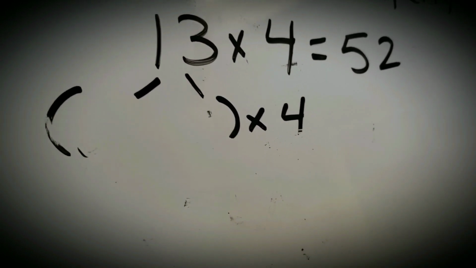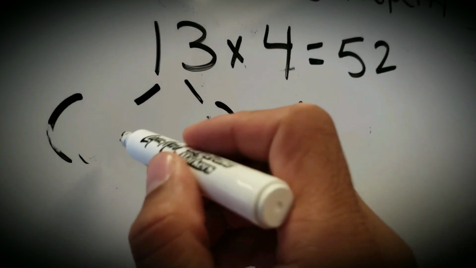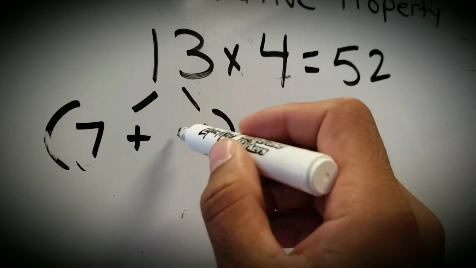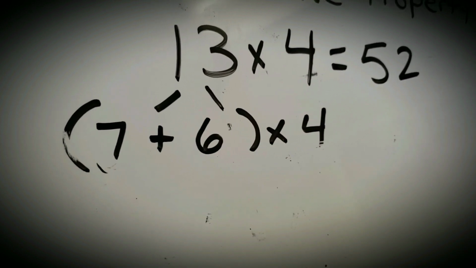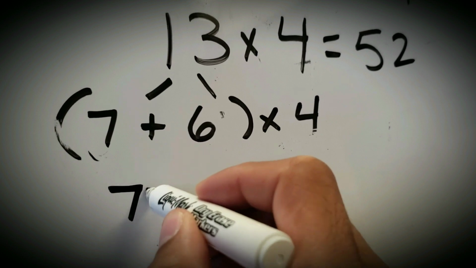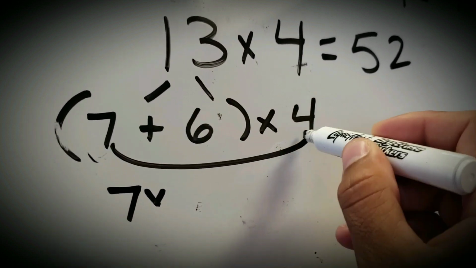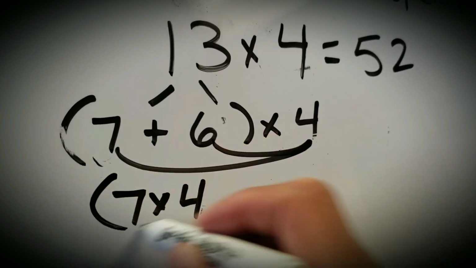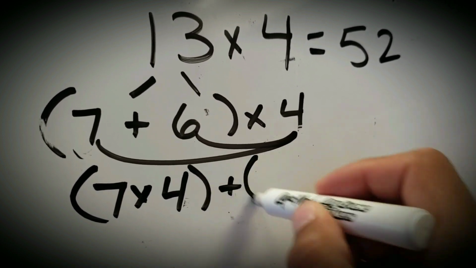So for example, maybe I chose to do 7 plus 6, because 7 plus 6 also equals 13. What I'm doing is I'm multiplying 4 times 7 and 4 times 6. And I'm going to add those together.